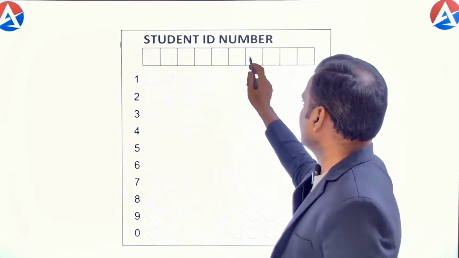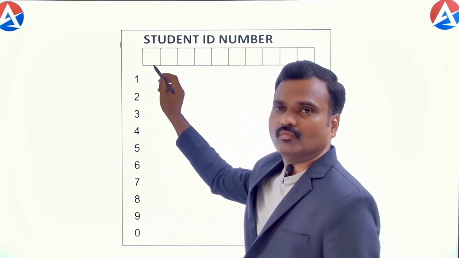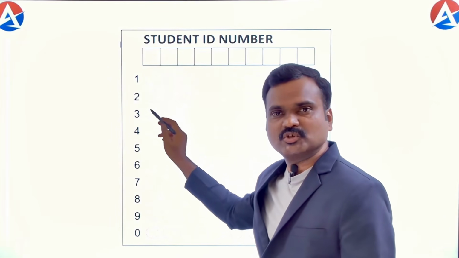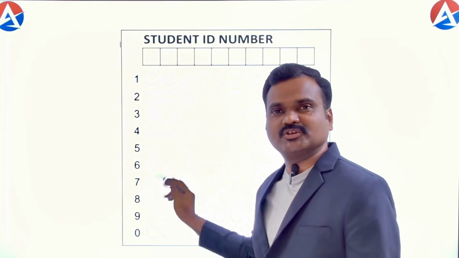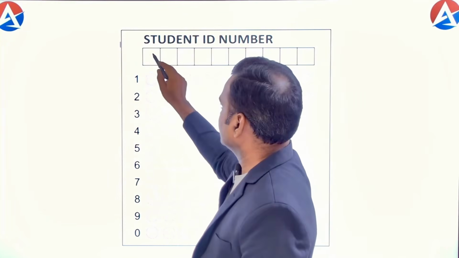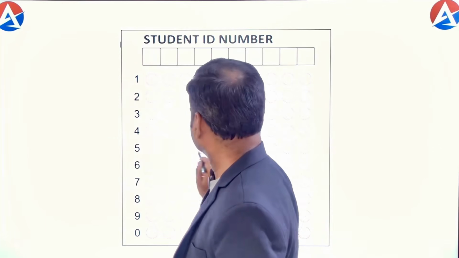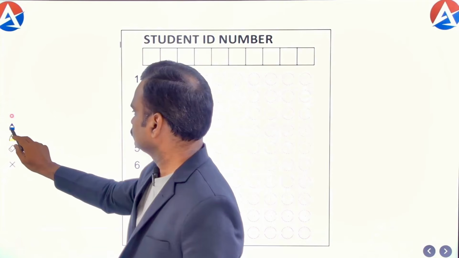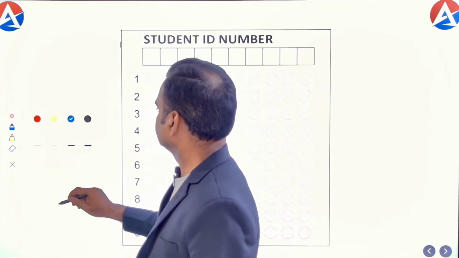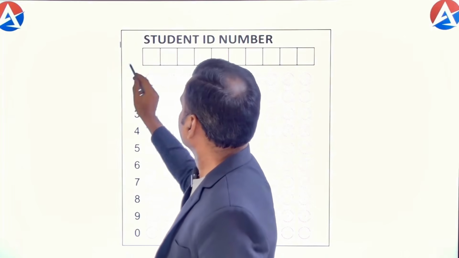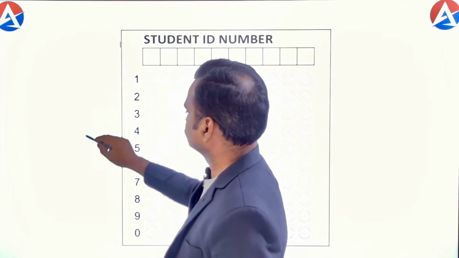They will write the ID number here, and whatever number they write in the square box at the top, the same number should be bubbled in the respective circle. Suppose they have written 9.